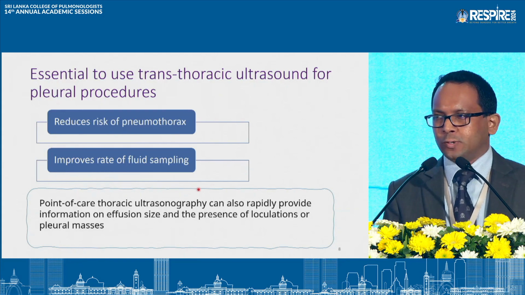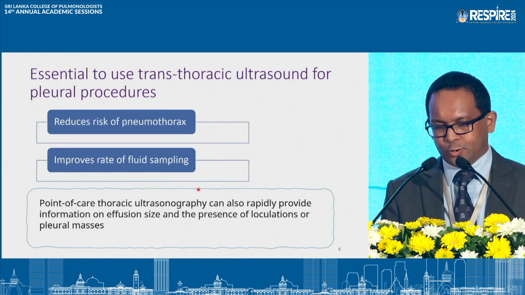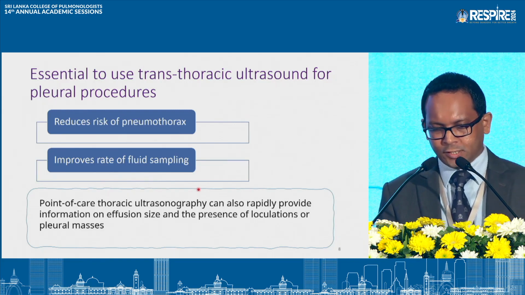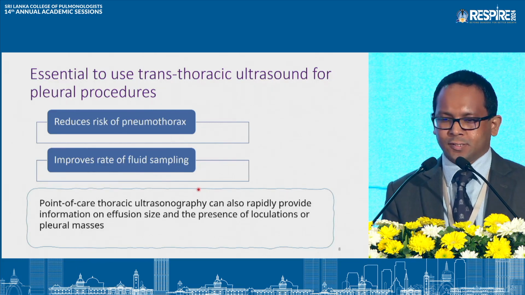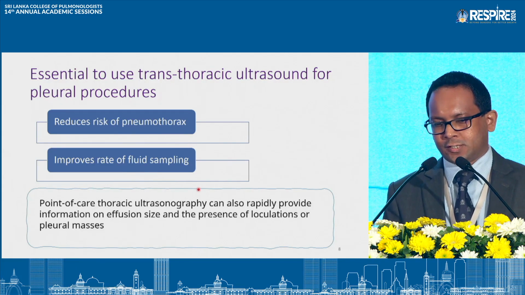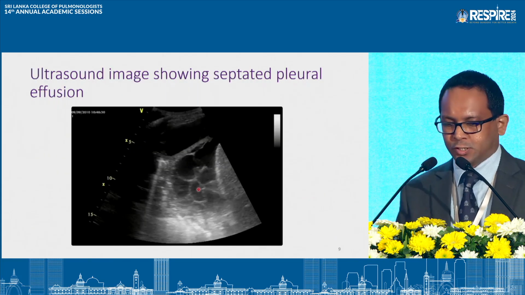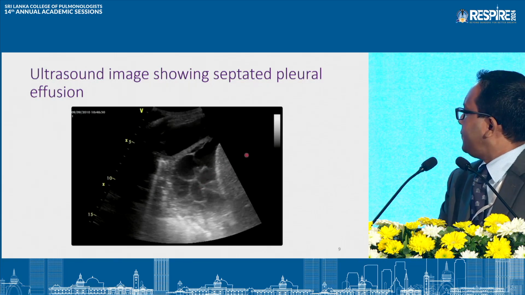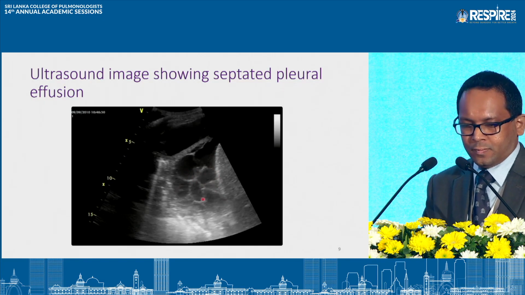In addition to the reduced risk and increased effectiveness, point-of-care ultrasound can also provide images and details regarding effusion size, position, presence of loculations, underlying pleural masses, and so on, which can guide investigations. So here we have an image showing the diaphragm here and a loculated pleural effusion here.